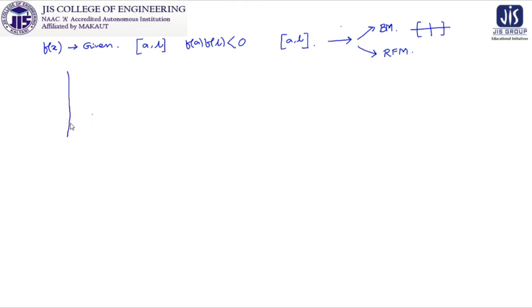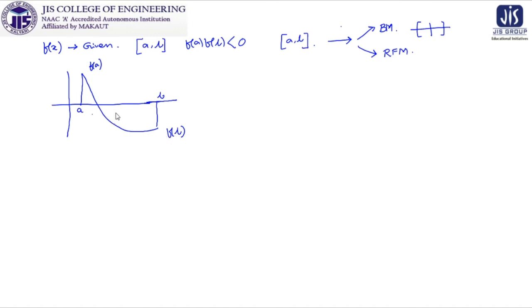Suppose we have one functional representation like this. It is obvious that at this point A and at this point B we are getting f(a) positive and f(b) negative. So f(a) into f(b) is less than 0.